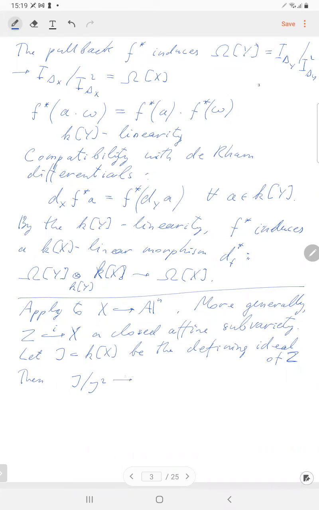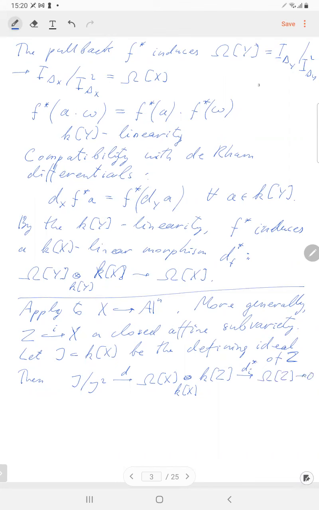And then there is a differential going to scalar differentials on X tensor functions on Z. So we just restrict differentials on X to Z. If you geometrically view differentials on X as sections of some vector bundle on X, then you just restrict this vector bundle to Z. And from here you have the codifferential, as we just defined above, to the scalar differentials on Z.